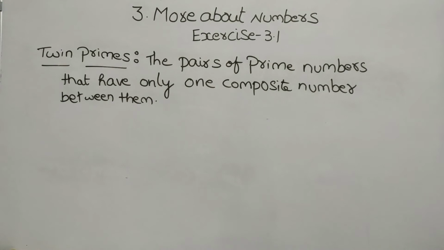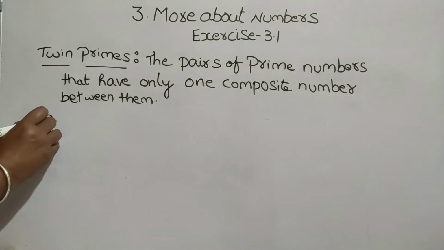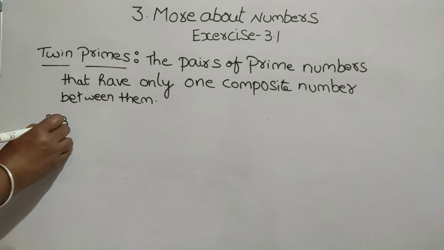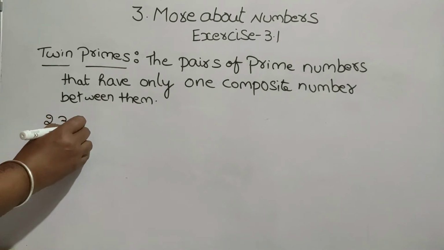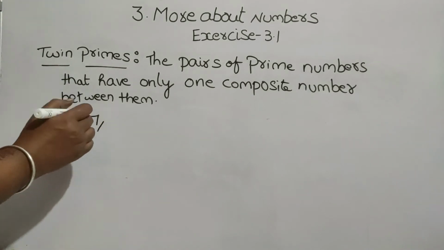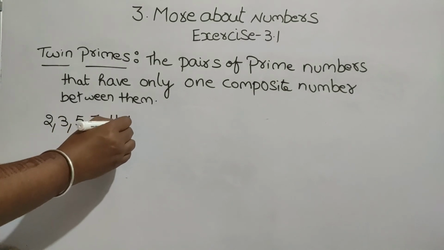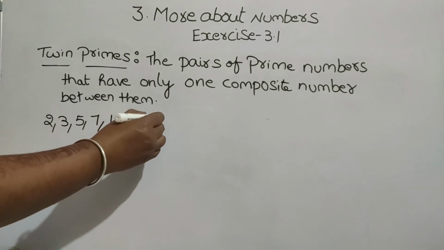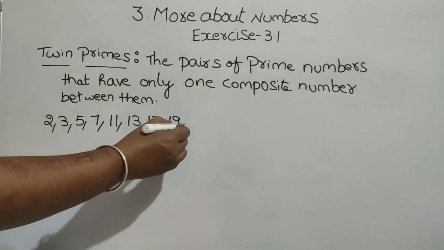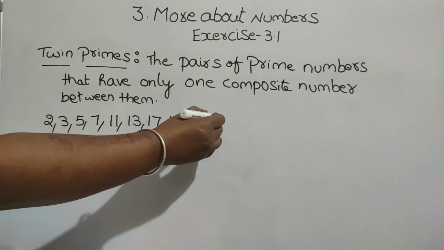Now the given question: find all the pairs of twin primes less than 30. The prime numbers less than 30 are 2, 3, 5, 7, 11, 13, 17, 19, 23, 29.